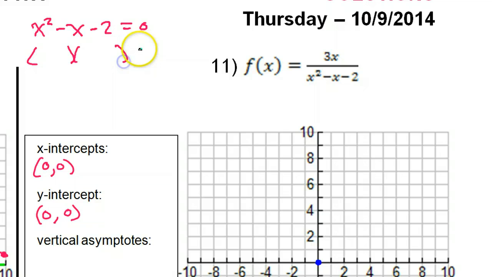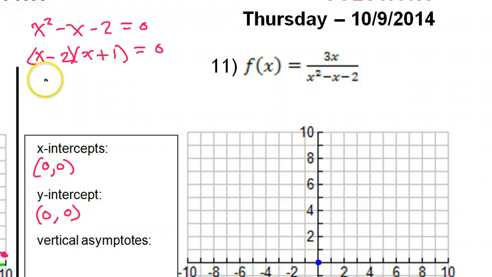Probably this is factorable. x squared being x times x, 2 is 2 times 1. I'm feeling a negative 2, positive 1 coming on, because inner we have negative 2x, outer we have positive 1x. That makes a middle of negative 1, yay! And a negative times a positive is a negative, so score.